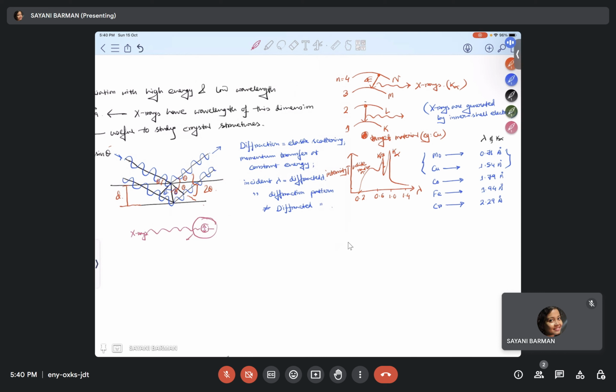Now X-rays are scattered coherently, absorbed, reflected and transmitted when they interact with matter. Let's say this is one plane, this is one plane, and this is one plane.